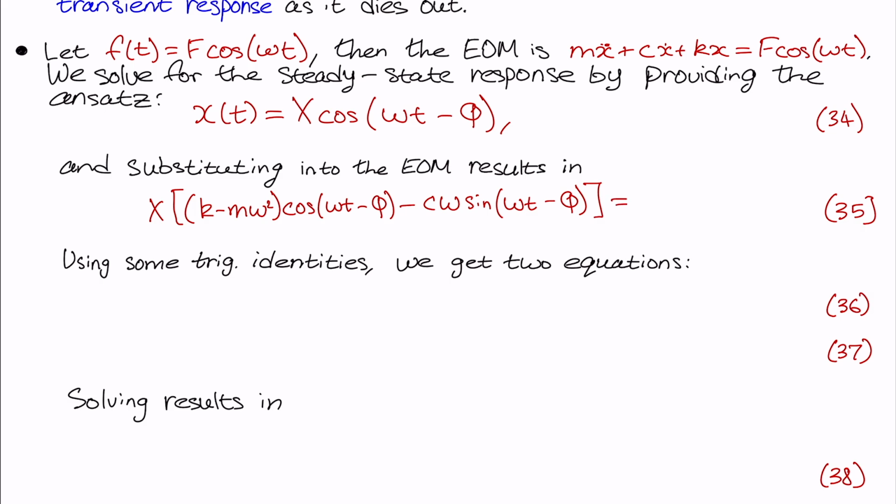All of that will be equal to, we're going to say here, F times the cosine of omega t.